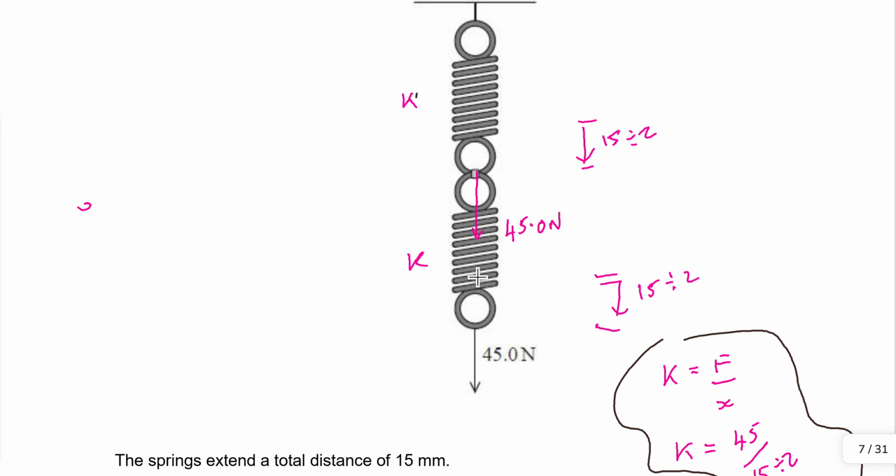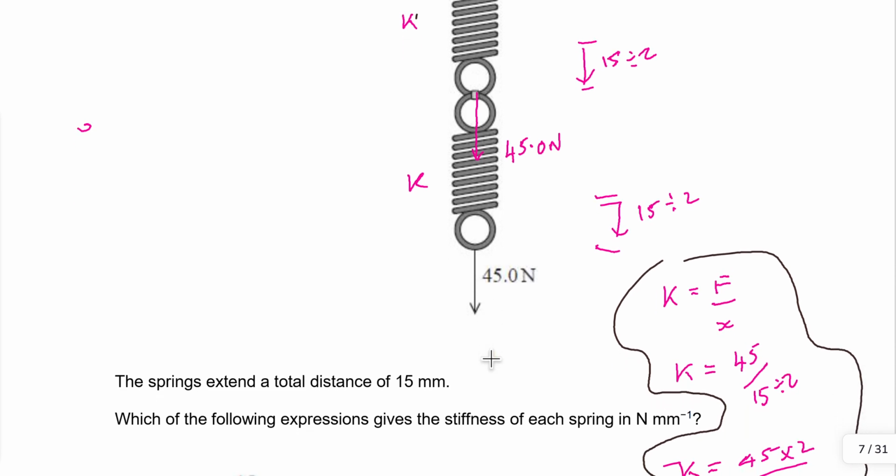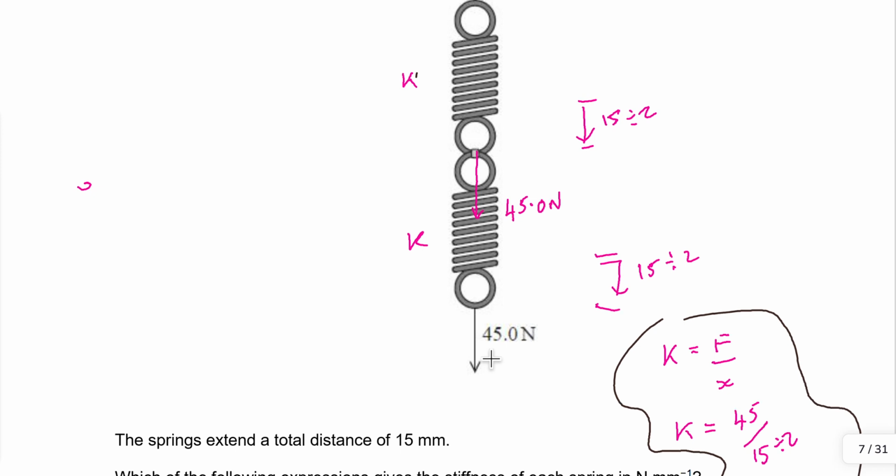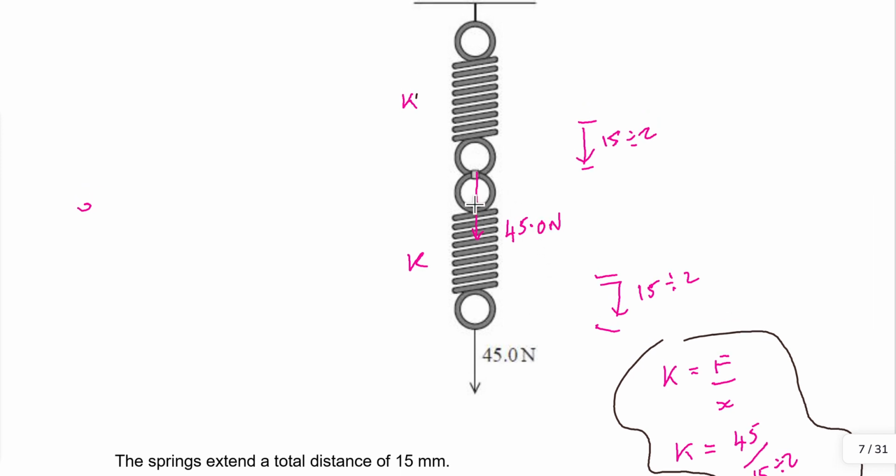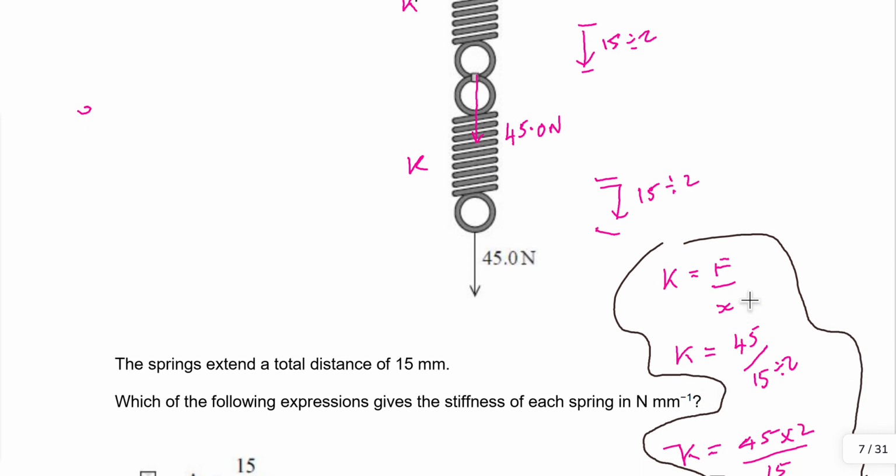So all particles will get pulled by a force of 45 newtons. In other words, one spring gets pulled by 45 newtons, the other spring also gets pulled by 45 newtons. So we can consider this question by looking at just one of the springs. If this spring has been pulled by 45 newtons and extended by 15 over 2 millimeters, then K is F over x, 45 over 15 divided by 2.